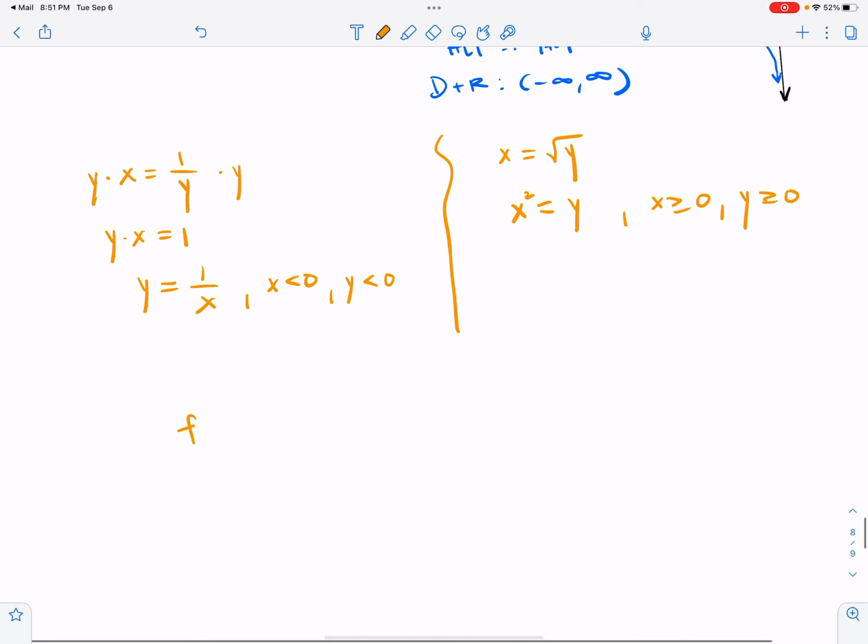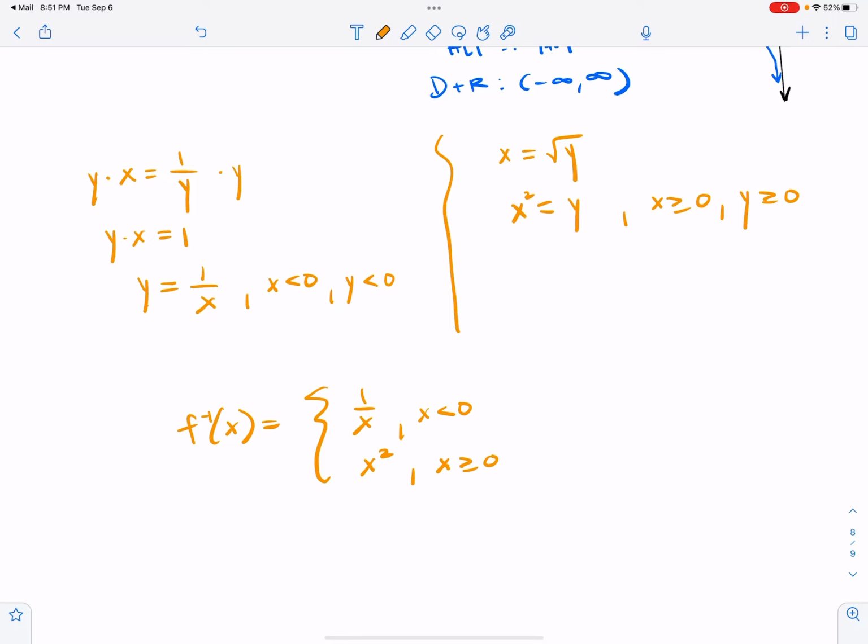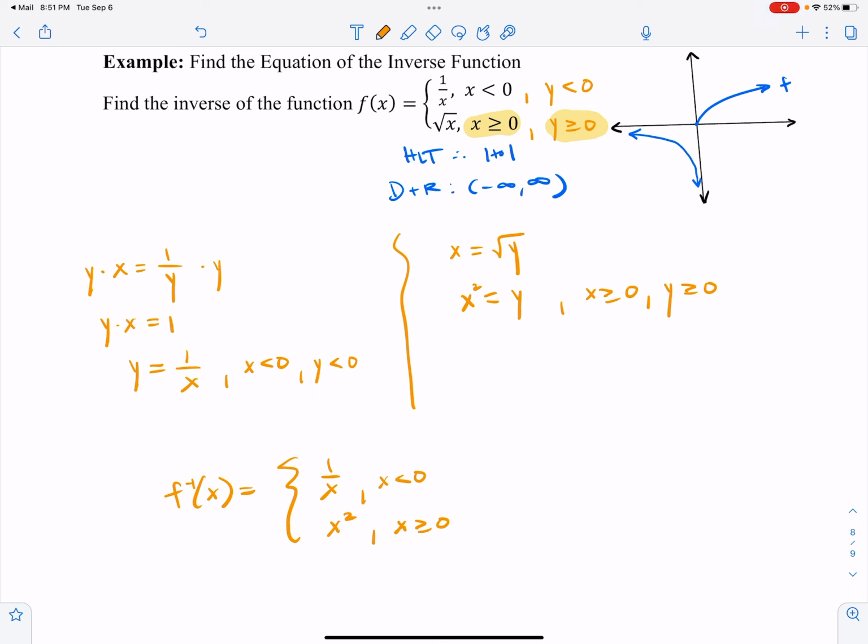So f inverse will be 1 over x for x less than 0, and x squared for x greater than or equal to 0. So this would just overlap, and then that would be f inverse. And domain and range are also all real numbers.